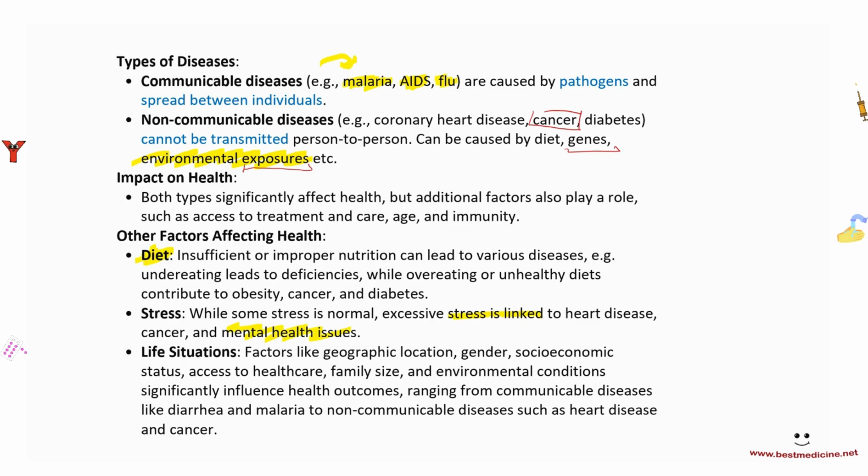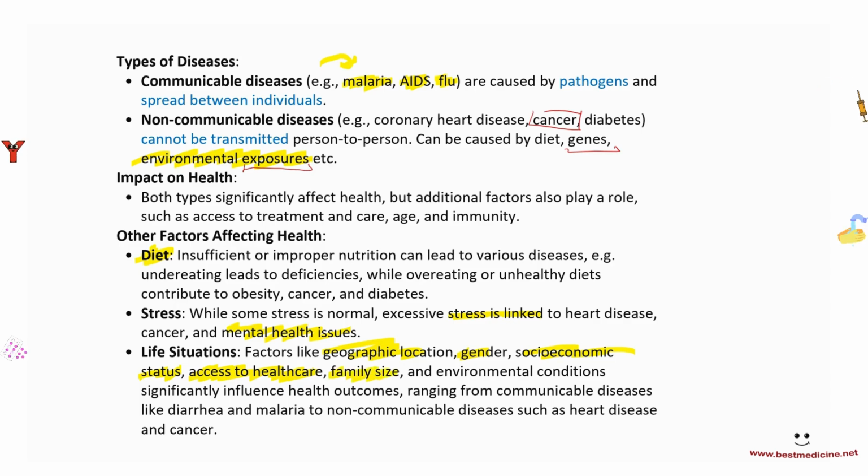And life situations. What does life situation mean? Life situation basically means a person's geographic location, their gender, their socioeconomic status, their access to healthcare. For example, in third world countries, access to healthcare is poor as compared to first world countries. Family size.